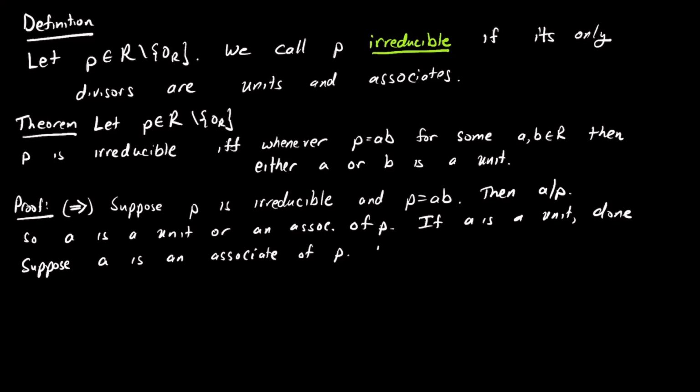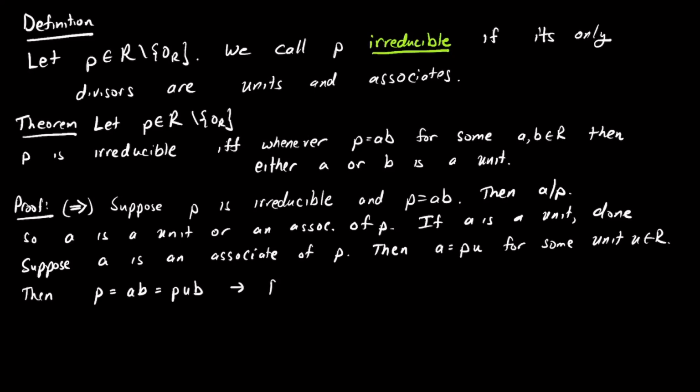Well, what does that tell me? That tells me that A is equal to P times U for some unit U in R. So where does that lead me? I have P is equal to AB, and I know that A can be written as P times U. So this is going to be P times U times B. And so I'm looking at P is equal to PUB.